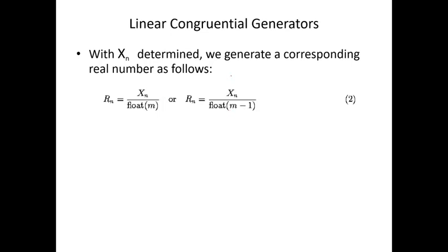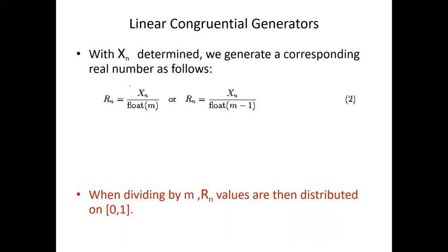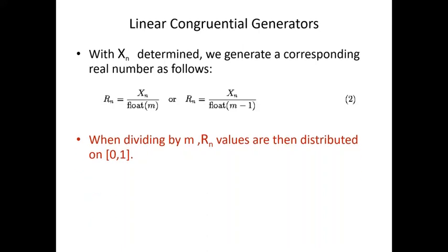Depending on the situation, generally we consider the first one, xn divided by m. Very often the period will be m. If I have a modulo value m, I'll find this real number as xn divided by m. Whenever we divide by m, the values of this real number will be somewhere between 0 and 1.